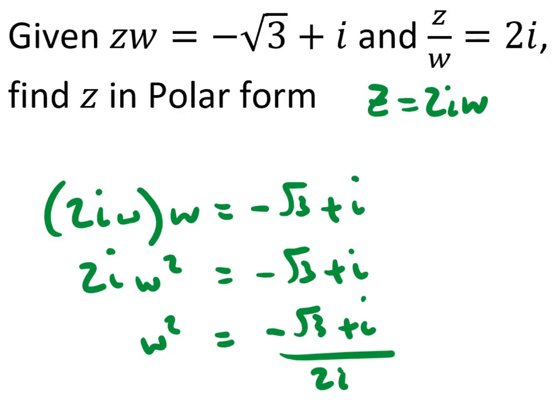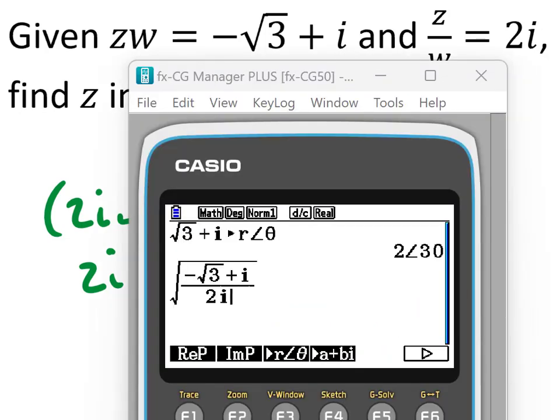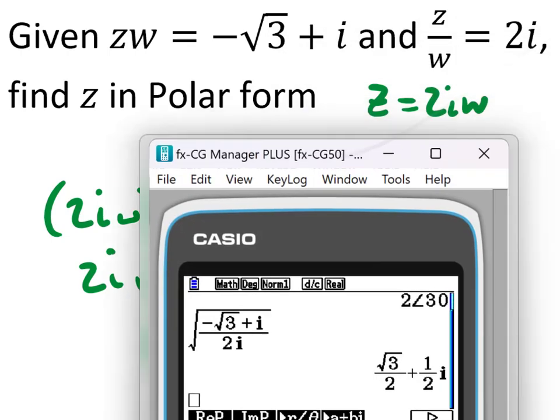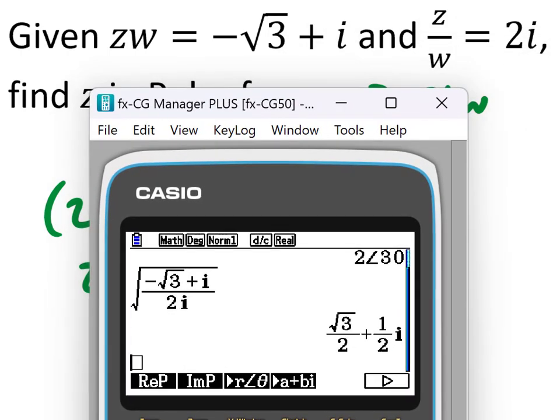So I would go to the calculator now and type in the square root of this number here. Type it in as I see it. There we are, and then just run that. And it will tell us the answer. And one nice thing the calculator does is it splits it into the real bit and the imaginary bit.